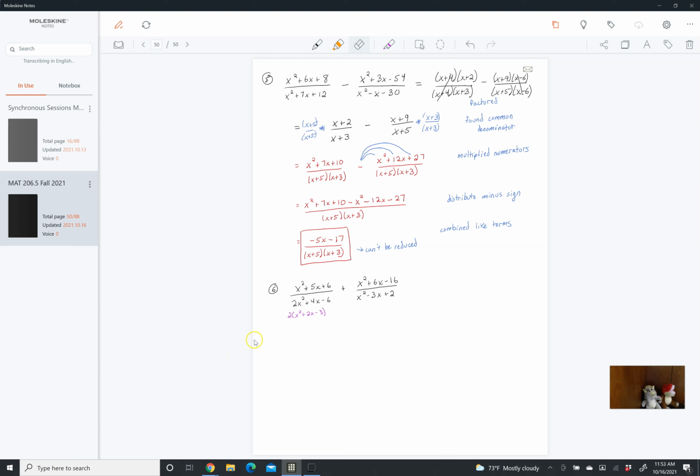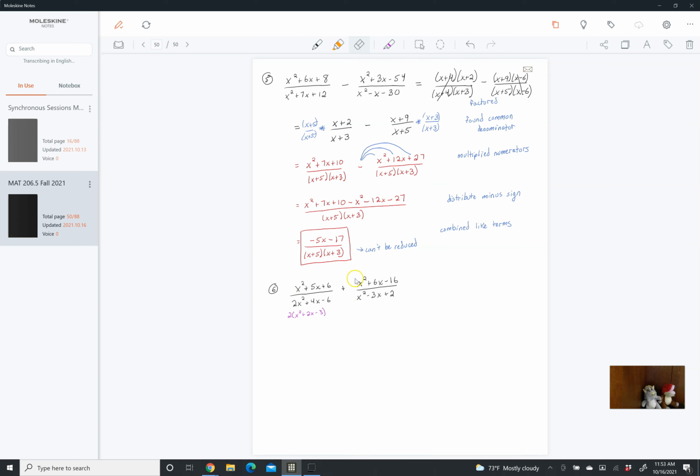You're going to have to pull out a 2 eventually, so you may as well pull it out first because that's going to make it easier for you to factor the quadratic. So look for something that every term has in common.